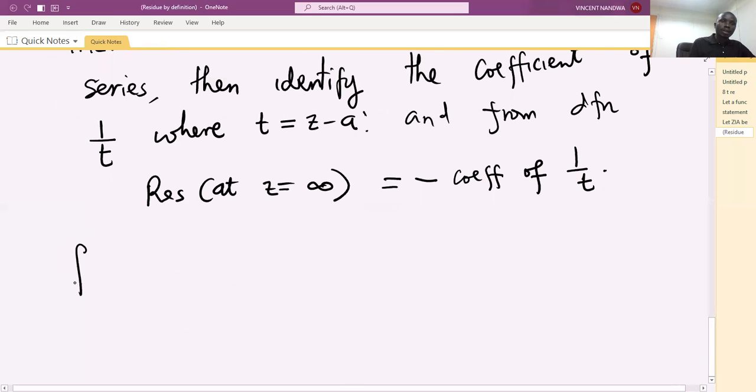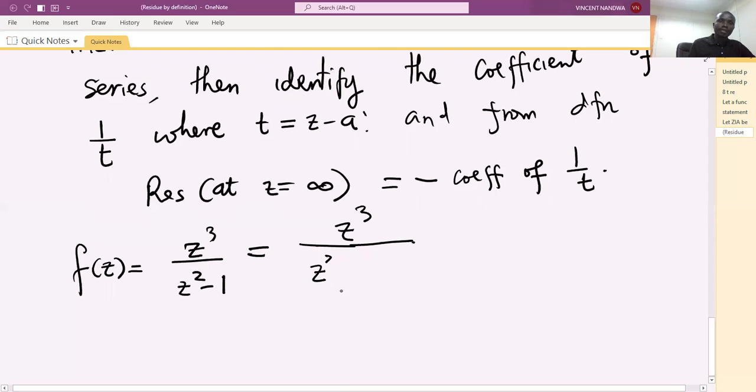Solution: our function f(z) is given by z³/(z² − 1). So we can write this function as z³ over z² times (1 − 1/z²).